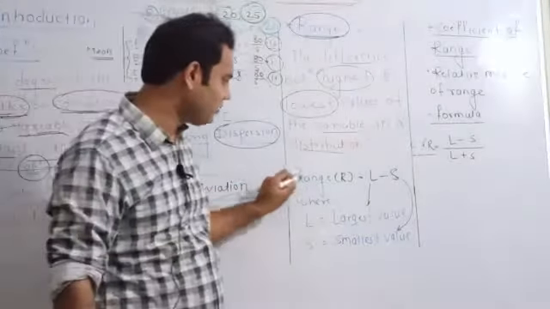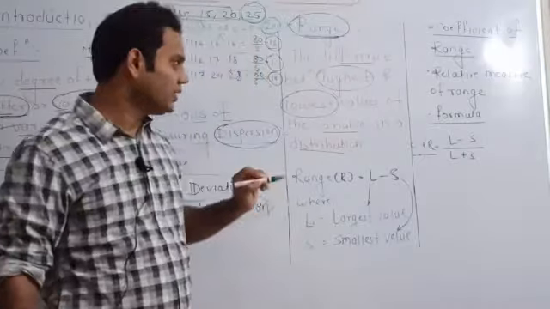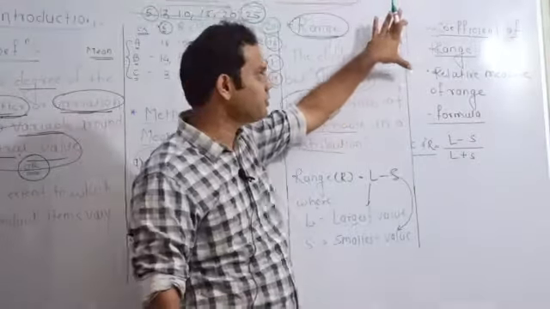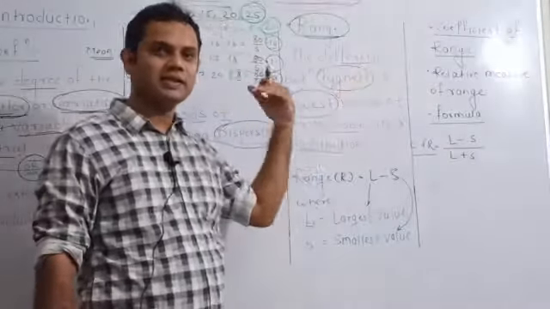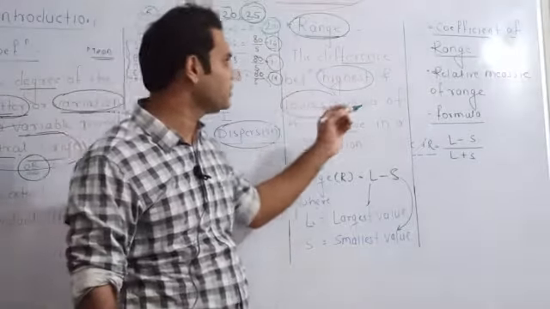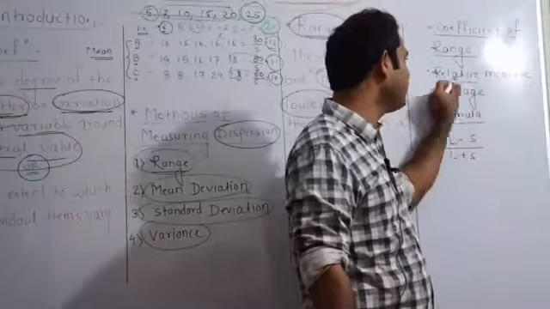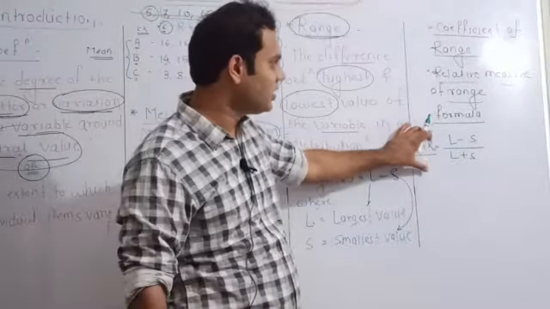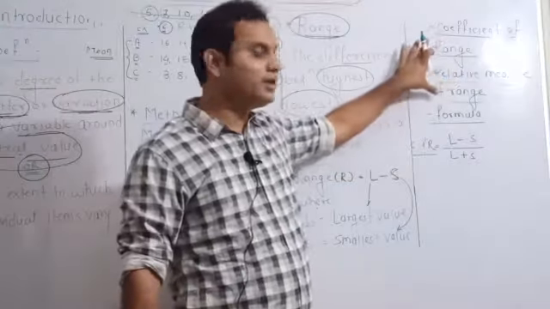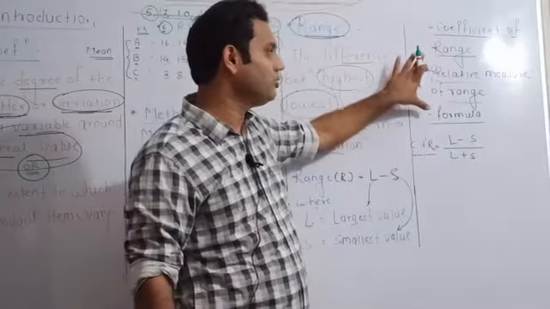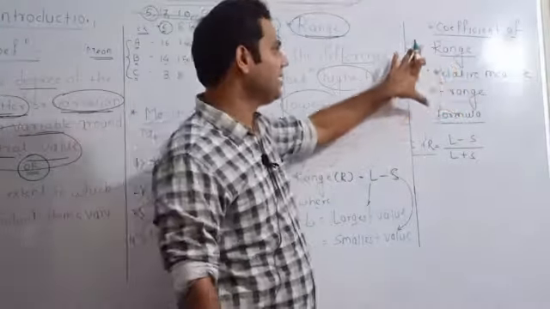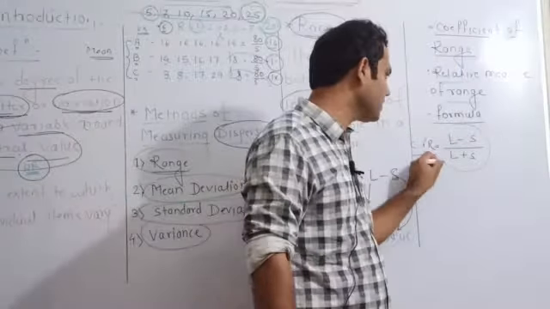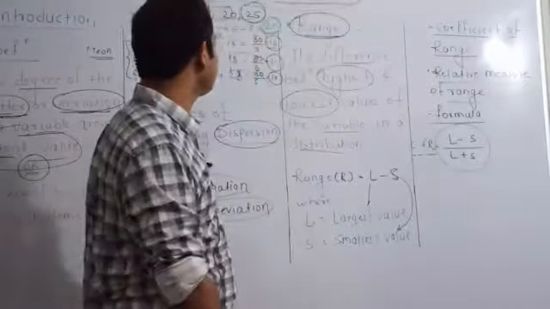Okay, so that is the formula given to you. Then second is the coefficient of range. So what is the coefficient of range? The coefficient of range is the relative measure of range. Here a ratio comes, therefore it becomes a relative measure. It is given by the formula (L - S) upon (L + S).